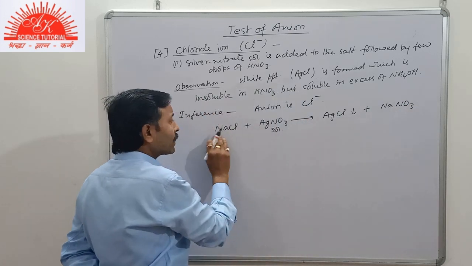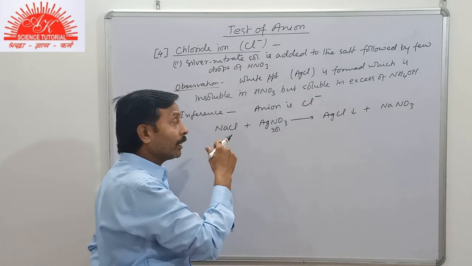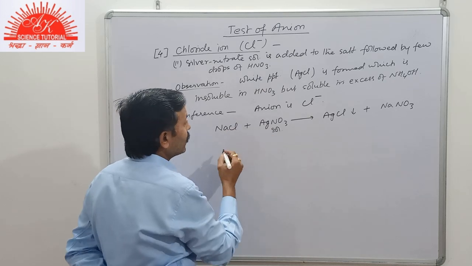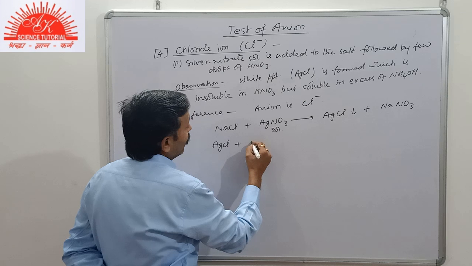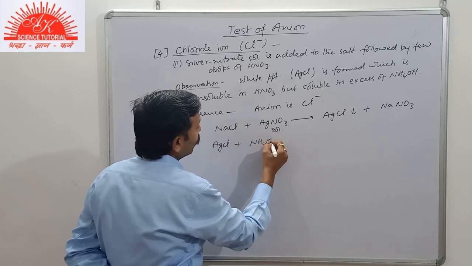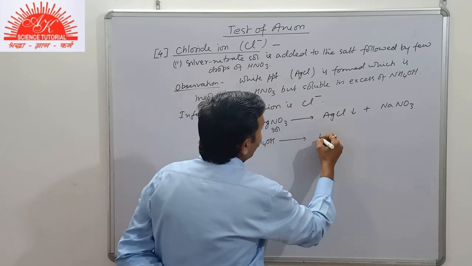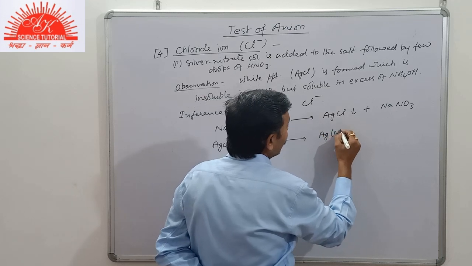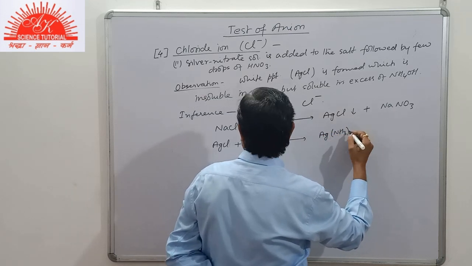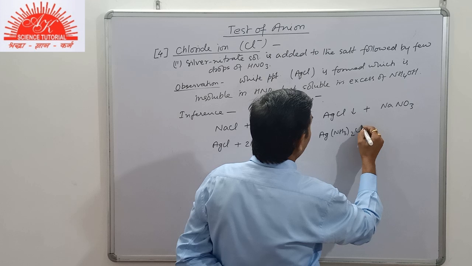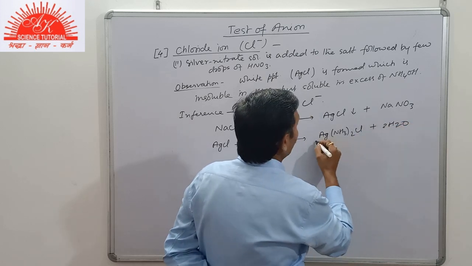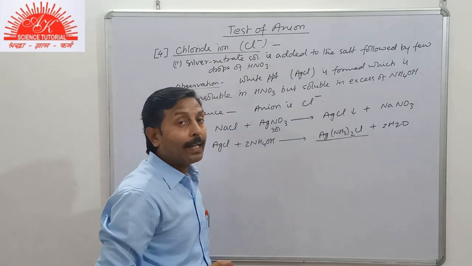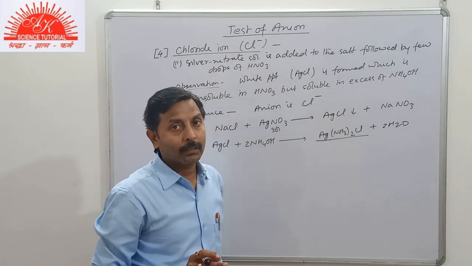We can also take HCl for the test, so for the chloride ion that can also be taken. Now this AgCl reacts with NH4OH, giving us Ag(NH3)2Cl plus H2O. This is soluble silver diamine chloride.